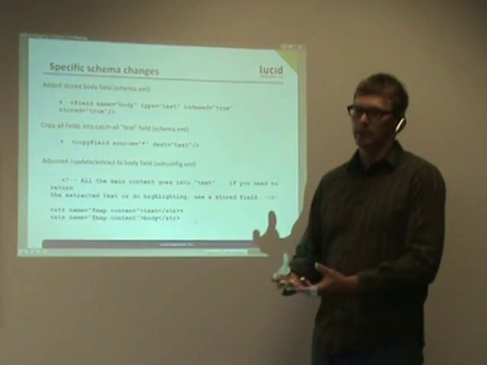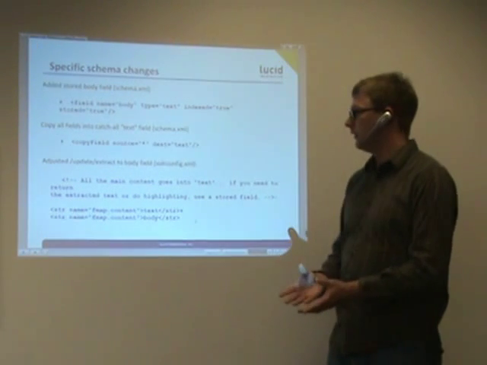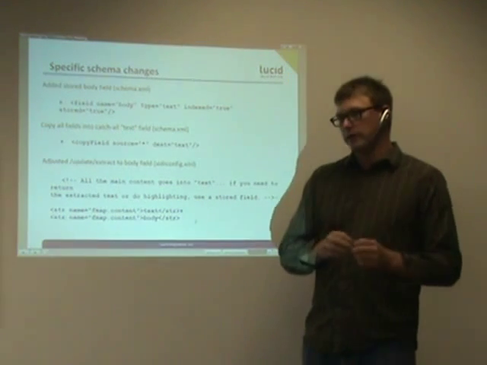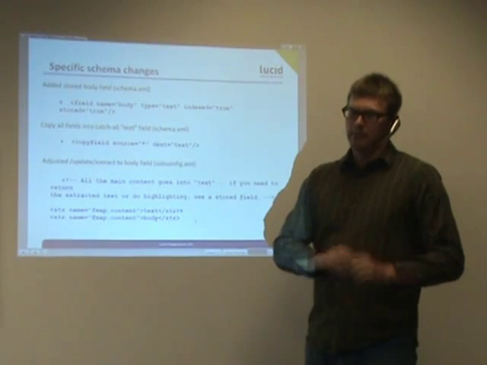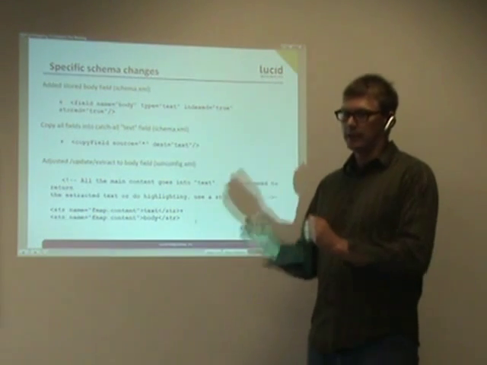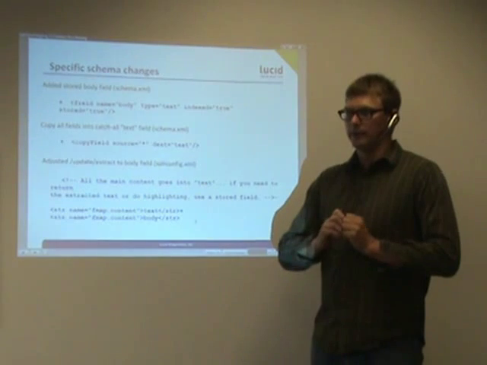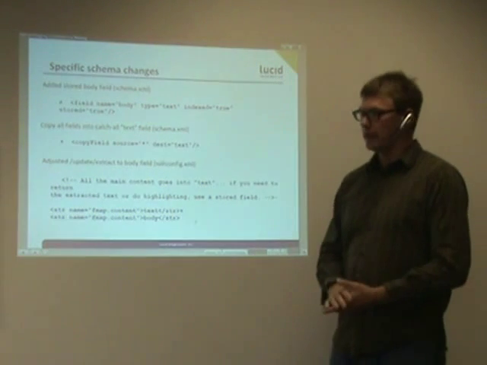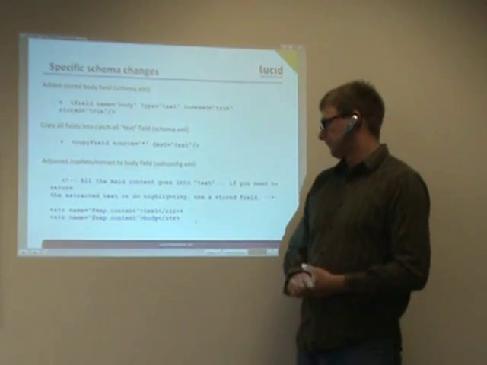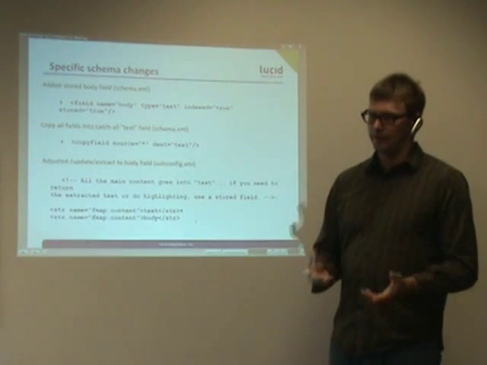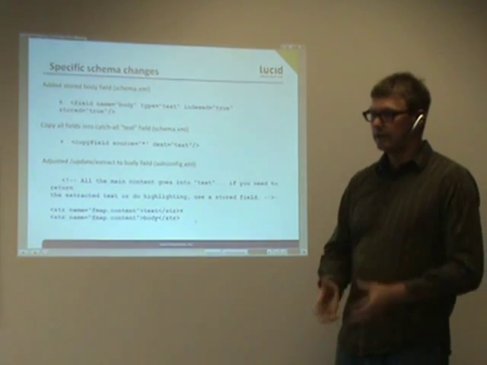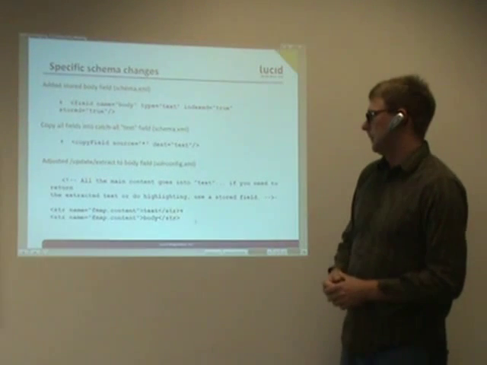No document coming in is going to be sending in the text field name, but under the covers of Solr, we're going to map all of the content that comes in into that text field. This gives us basically a catch-all field that we can search without having to specify any field names. It just gives us a very easy way to search content that comes in.